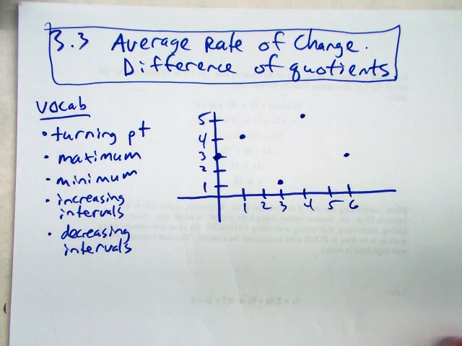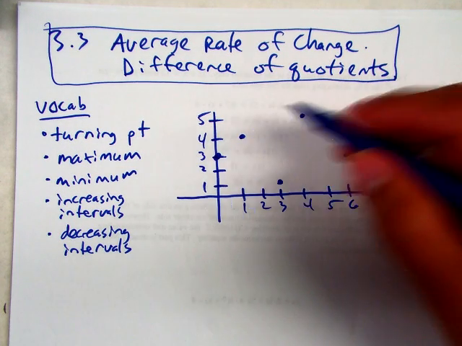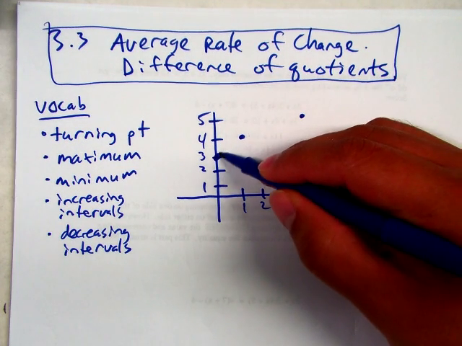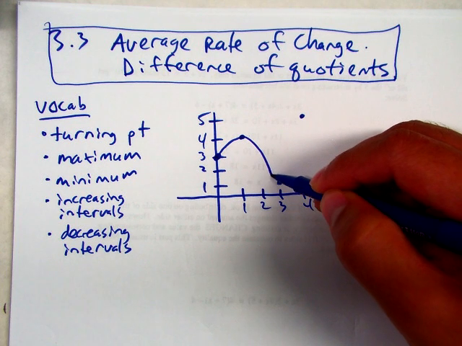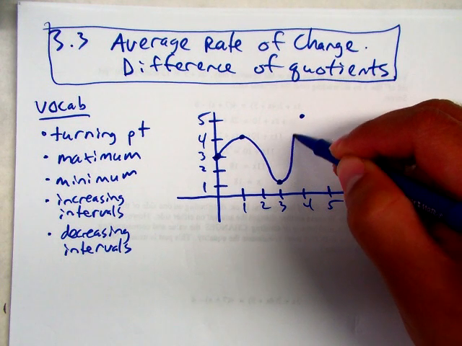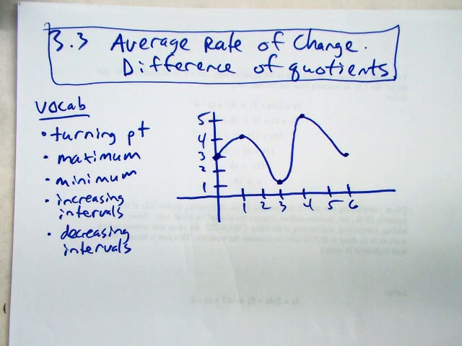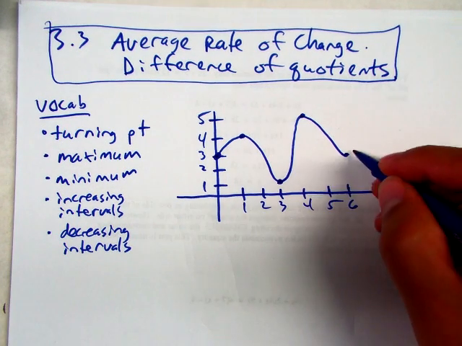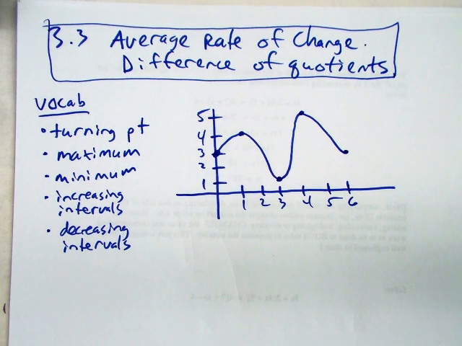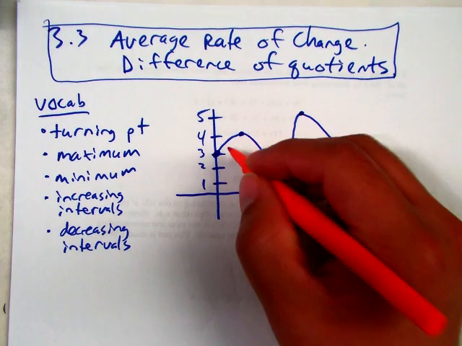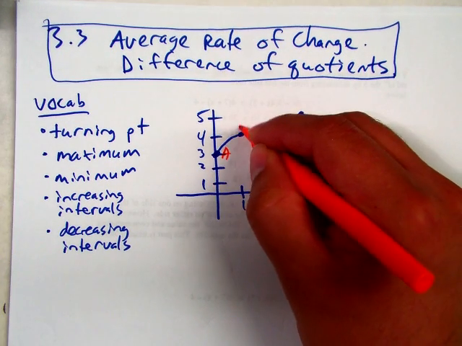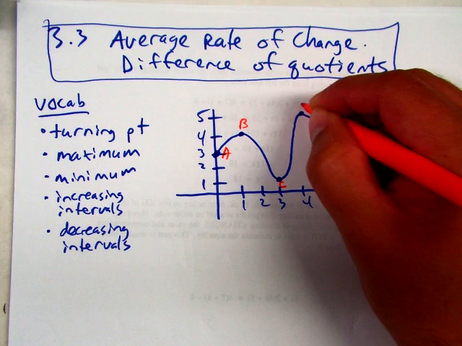And let's say the graph looks something like this. Okay? Let's label these points. Let's call them A, B, C, D, and E.